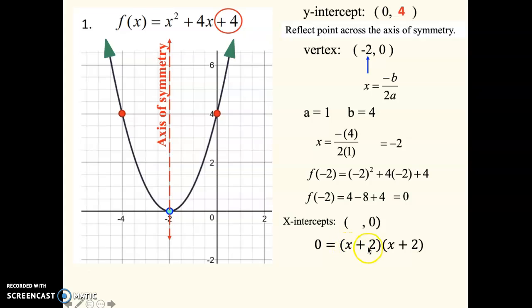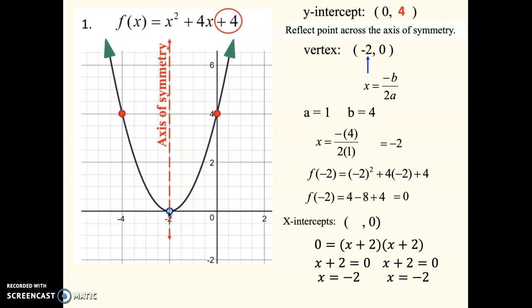I got (x + 2)(x + 2) = 0. I'm going to use the zero factor property and set each factor equal to 0 and solve for x. I get x equals -2. Well, I already have a point at x equals -2. That's the vertex. So that didn't help us get an additional point.